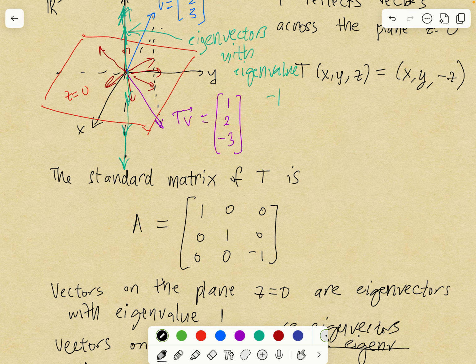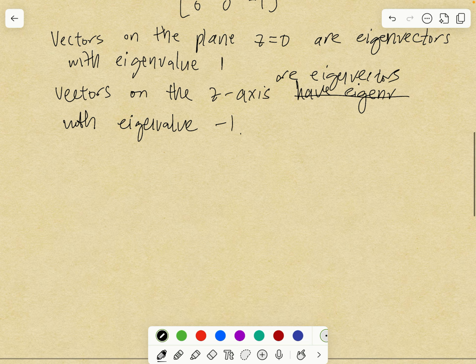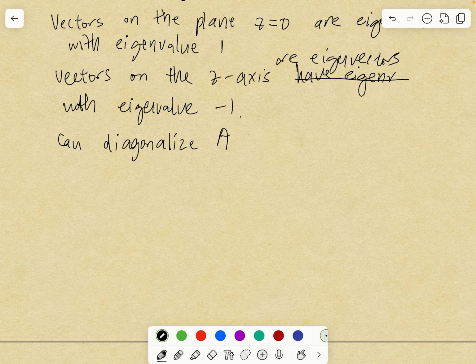So you have 3 independent eigenvectors. So your matrix is diagonalizable, so we can diagonalize this matrix A. Well, actually, this matrix is already diagonal, but for the purpose of doing the next example, let's just come up with P.